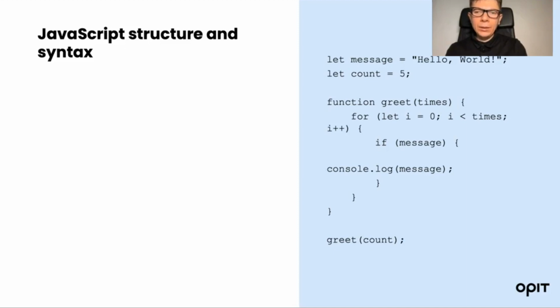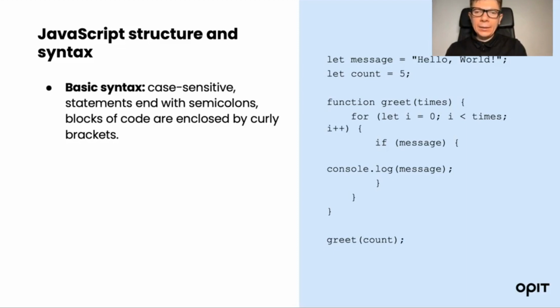And as you can see here, the basic syntax is case-sensitive, and it consists of statements which end with semicolons. So each line ends with a semicolon. And the blocks of code are enclosed by curly brackets.